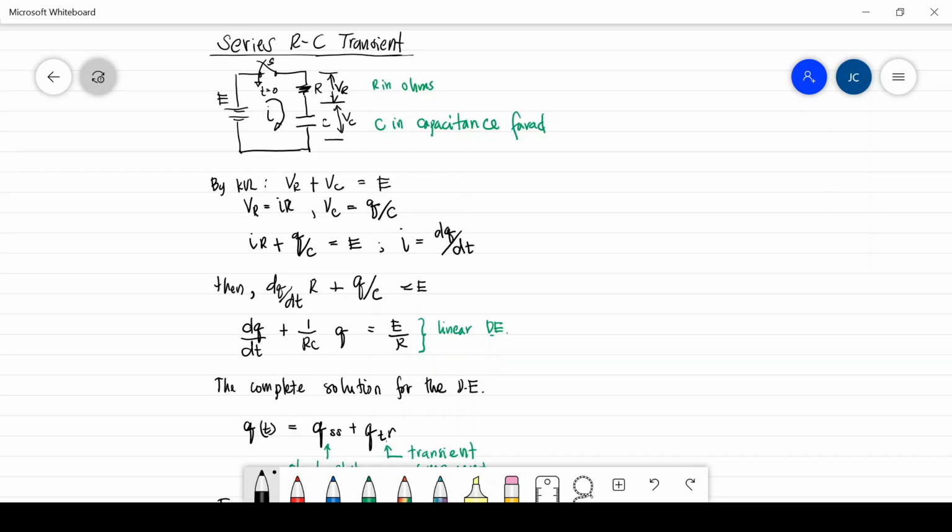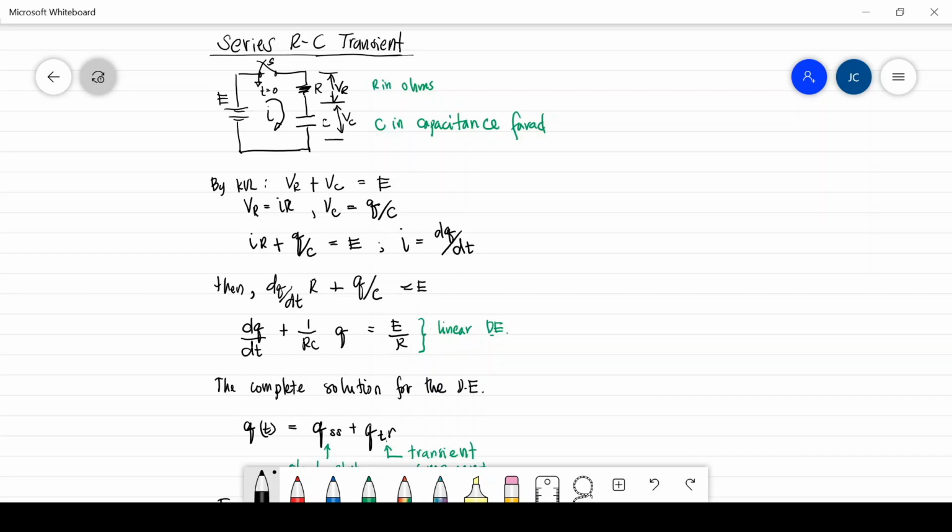Then expressing the equation in terms of the current and charge, we have IR plus Q over C equals E. But we need to express the equation in terms of Q and transform it into a differential equation.